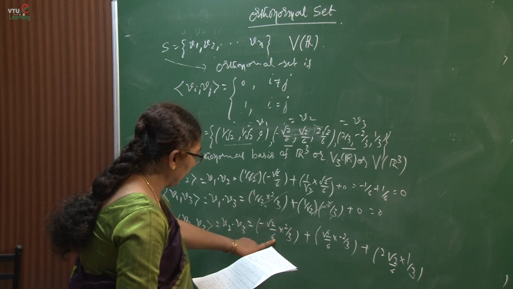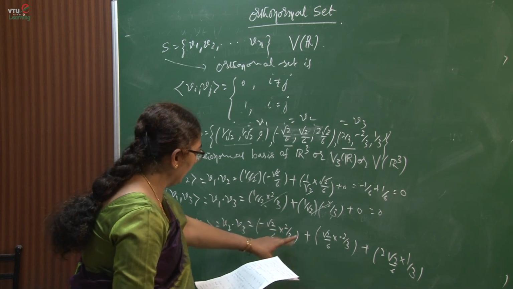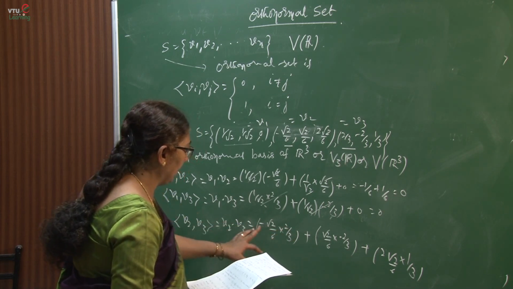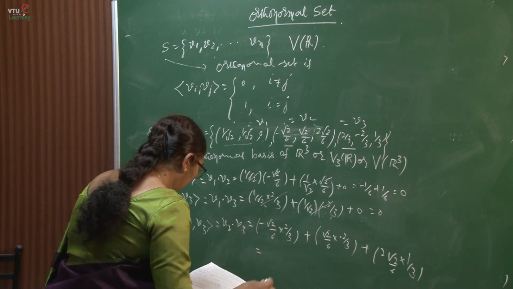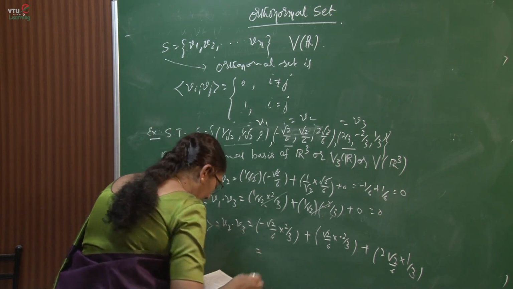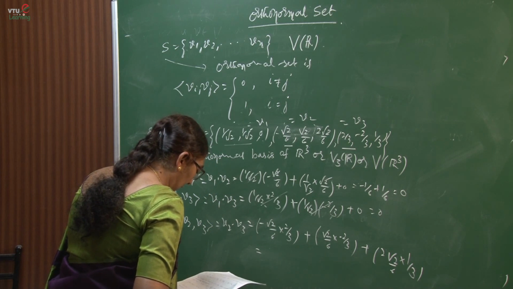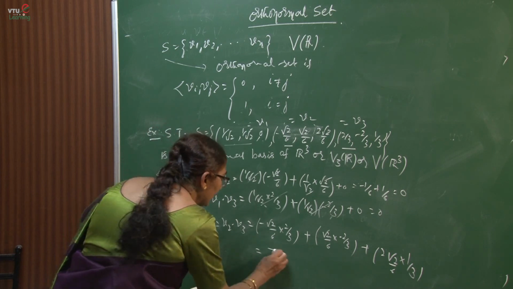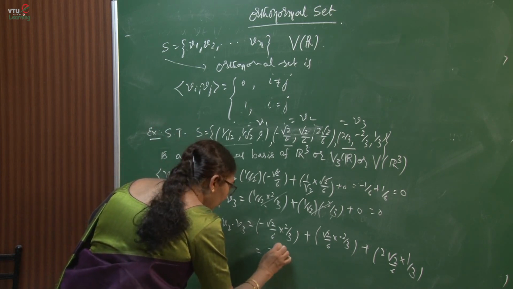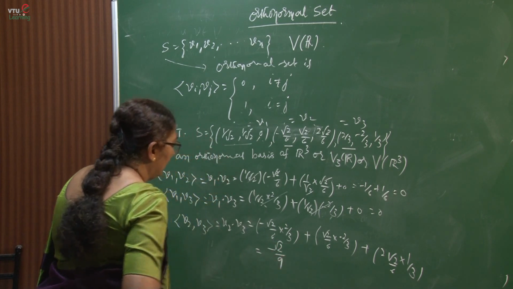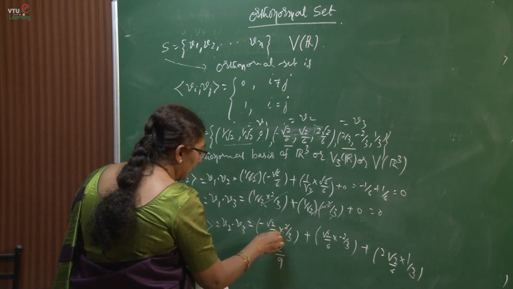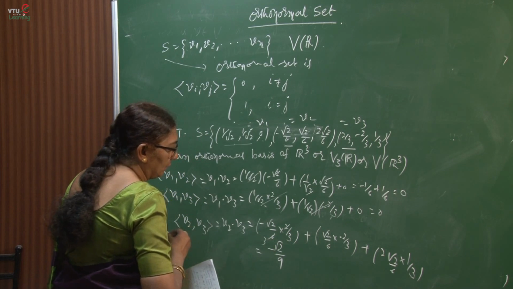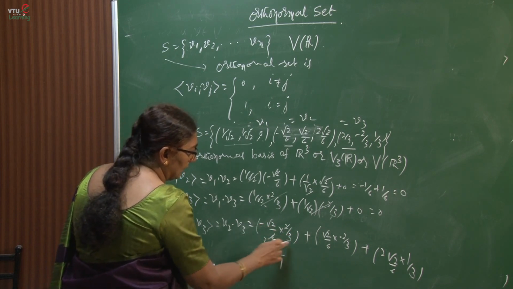Now 2 is cancelled with 3. What we get? 9. Here also cancel with 3. Now we get here minus 1 by V2, V3 is minus 2 by root 2 by 9. Means how we get actually: 2 ones are 2, 3 3s are, what we get, minus root 2 by 3. 3 3s are 9.